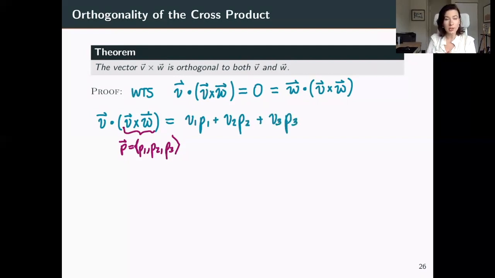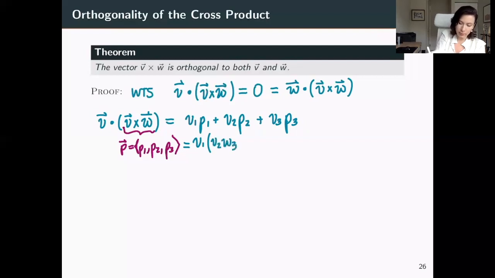Now we can use what we know about the component forms of the cross product to expand this expression. It's going to get more complicated. So this will end up being equal to v1 times the first component of the cross product, which is going to be v2 w3 minus v3 w2, and we move on, plus v2.